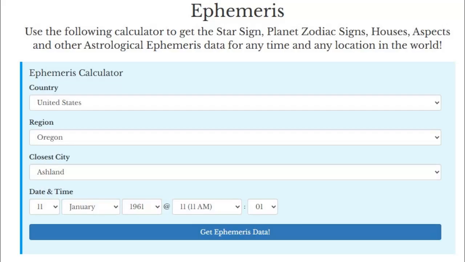Oregon, Ashland, here's a date, here's a time. If you can find out your time, it would really help. If not, you're going to have to kind of play around with the results a little bit, entering different times until you get what looks like you, because you're going to be able to read it and go, oh, yeah, that's me all right.